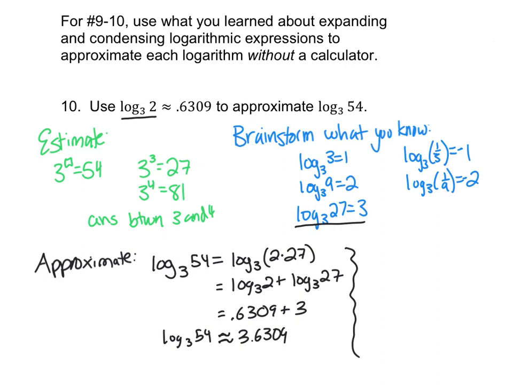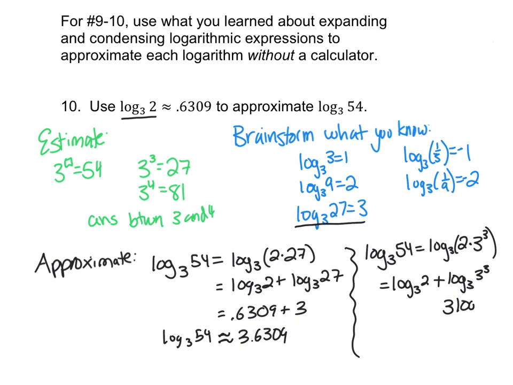Now you could, of course, do these problems in multiple ways. So what if instead of writing log base 3 of 54 as log base 3 of 2 times 27, you chose to write it as log base 3 of 2 times 3 to the third? Well, then you would have had log base 3 of 2 plus log base 3 of 3 to the third, which we know is the same thing as 3 log base 3 of 3.